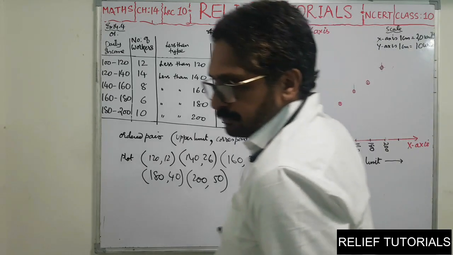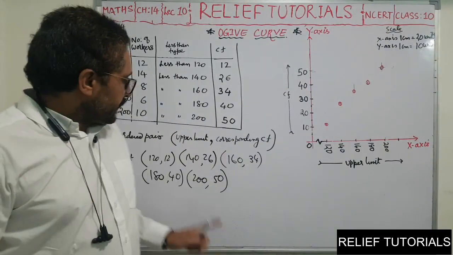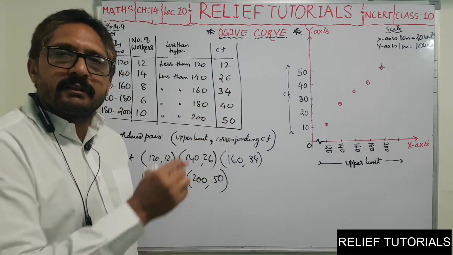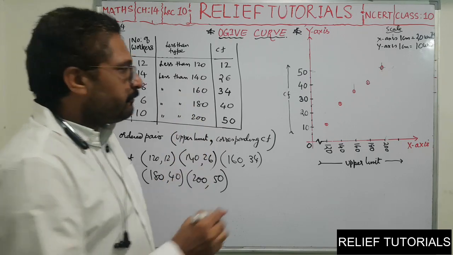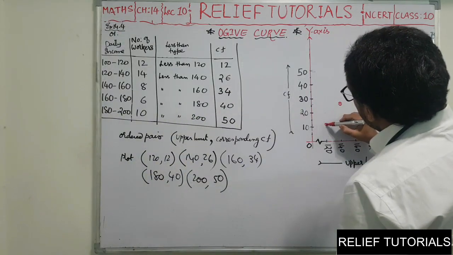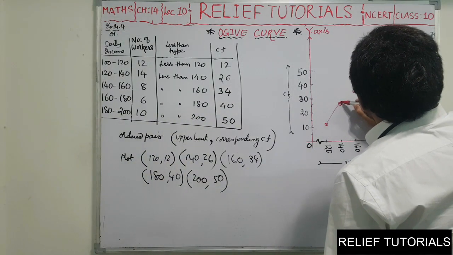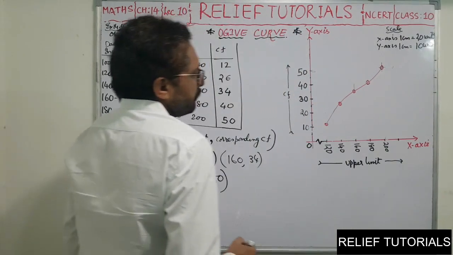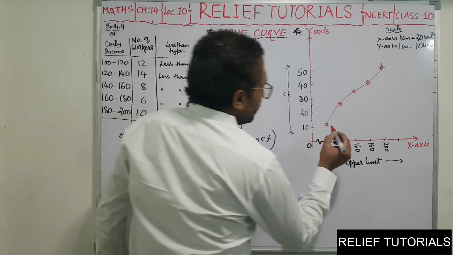Clear? Now, after plotting these points on a graph, what you have to do, just you have to join these points with a freehand curve. Freehand, see, like this. If you want to write coordinates, you can write coordinates here.